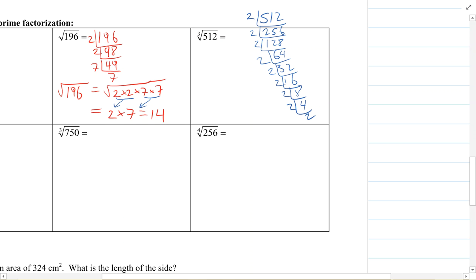Mr. Barker's going to cheat with a big long answer like that. I would just grab my triples right here, but that's because I know what I'm doing.